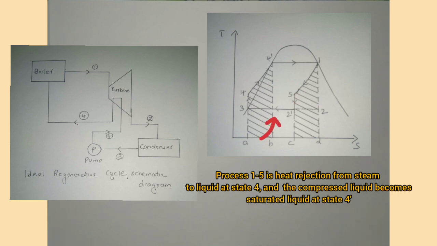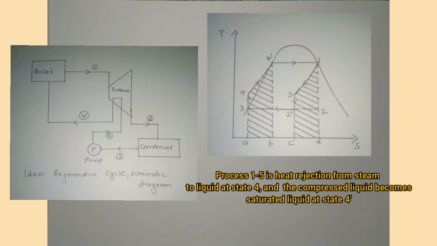Then condensation takes place in process 2' to 3. The saturated liquid is pumped to compressed liquid in state 4. This liquid then flows through the turbine, absorbs heat, and becomes saturated liquid at state 4'. Process 4'1 is the heat addition process and it is at constant temperature.